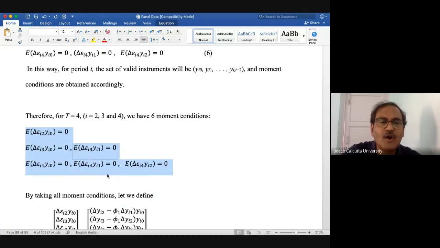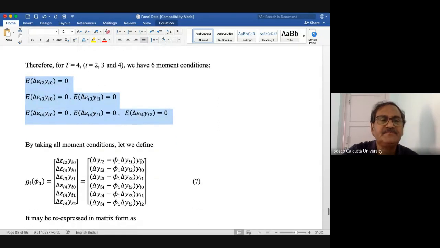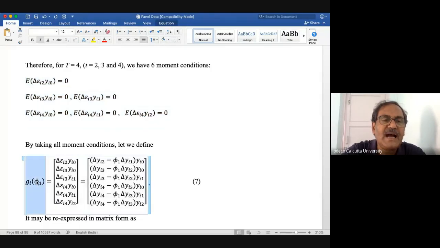By taking all moment conditions, if we write them together in a functional form, gi of phi1. So we need to estimate phi1 by considering all moment conditions together.